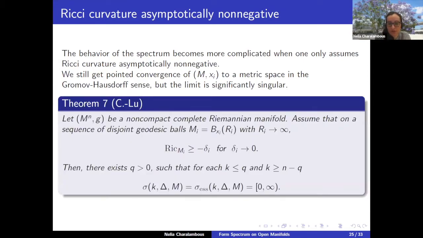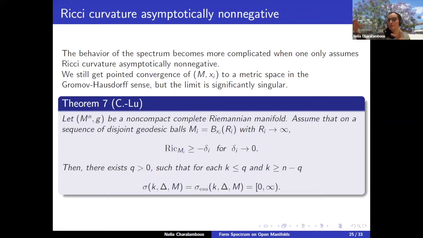However, using some of the results of Cheeger and Colding, we are able to show that if we have a manifold now, with just a sequence of disjoint balls on which the Ricci curvature is asymptotically non-negative. So in other words, we can have even ends of negative curvature where curvature goes to -infinity if we want.